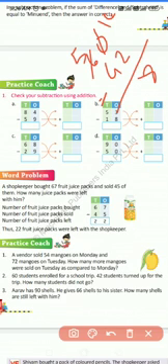And 5 minus 4 is equal to 1. So 18 students did not go for the trip. They did not go. 18 students did not go for the trip.